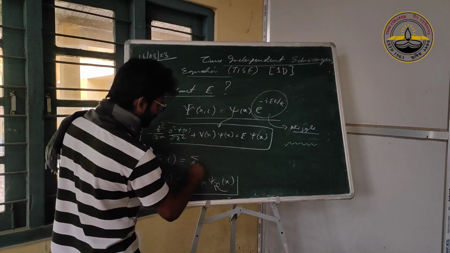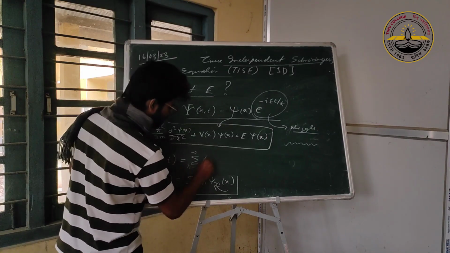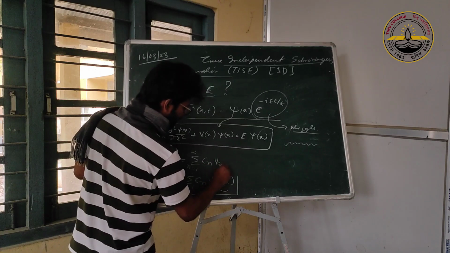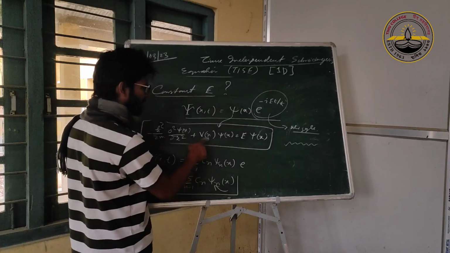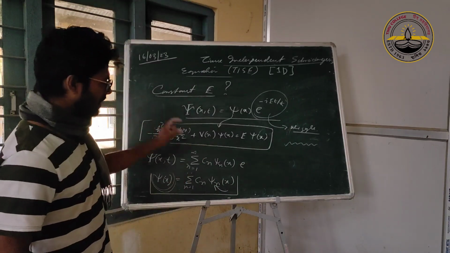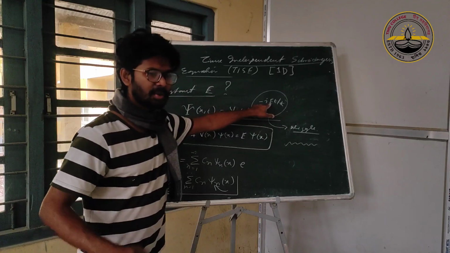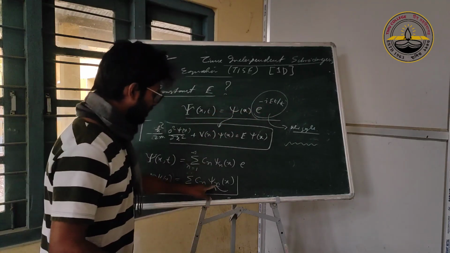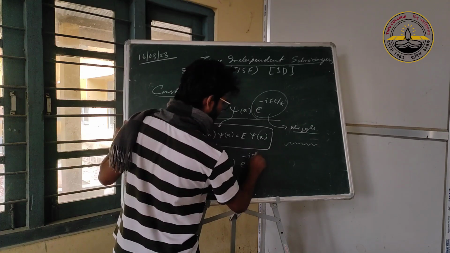So all you have to do is sum n equal to 1 to infinity C n psi n x times their individual time part. Remember, each such solution has a particular corresponding fixed energy. So psi n x corresponds to a particular energy.